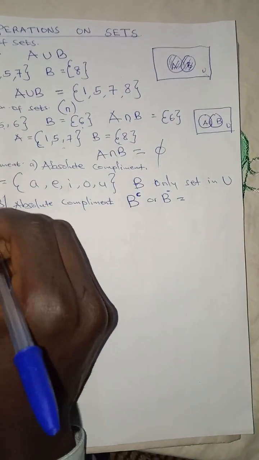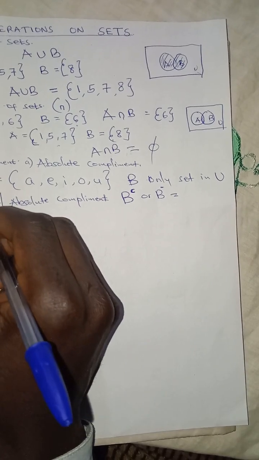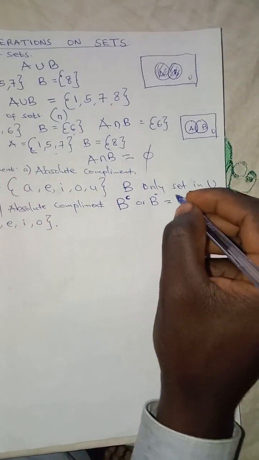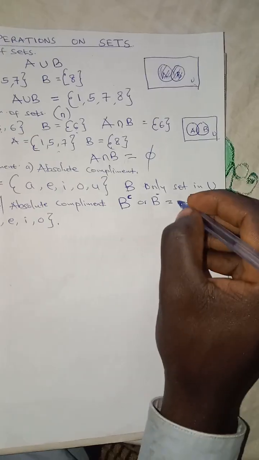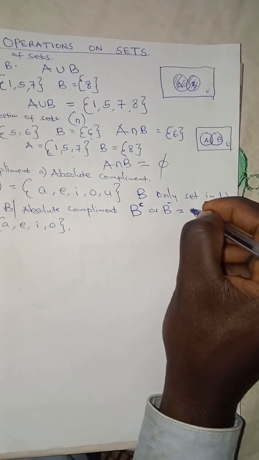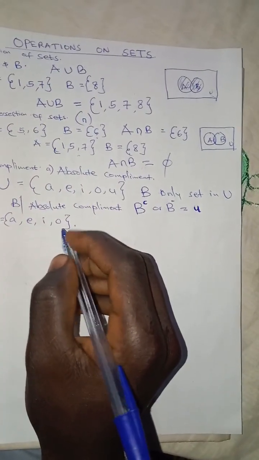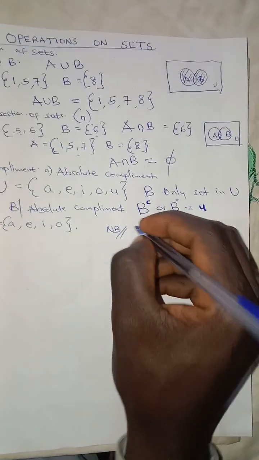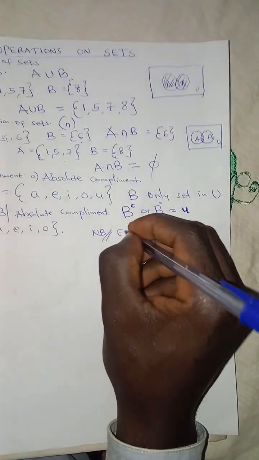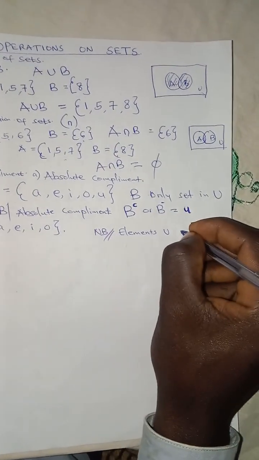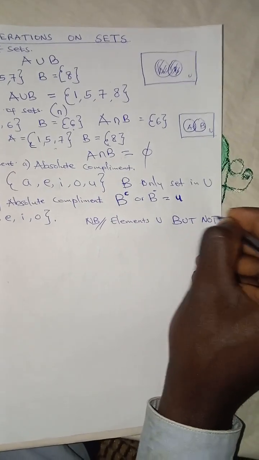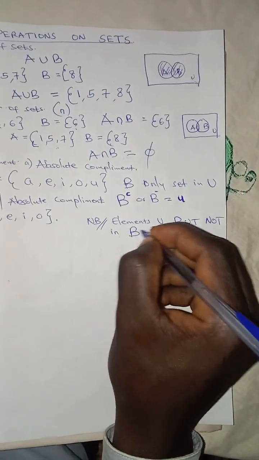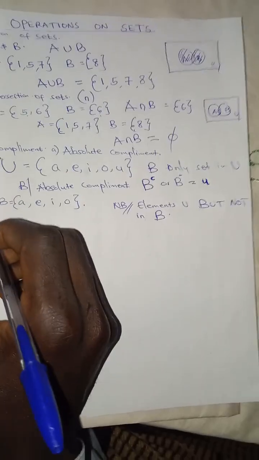Then assume we have set B to be A, E, and O. Then the absolute complement of B is equal to the elements that are in U but not in B. Take note of that point: not in set B.